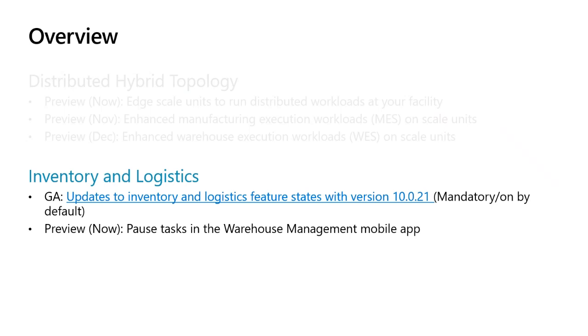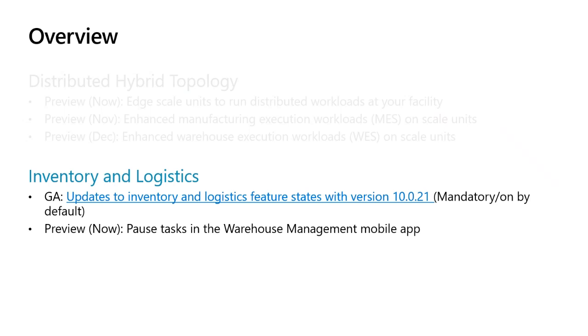The product team has now released these feature states starting in this version 10.0.21. And in each of these areas, some features are now turned on and mandatory, meaning they can't be turned off, or they are simply on by default when you upgrade to this release.